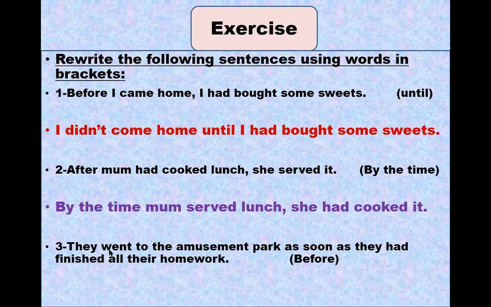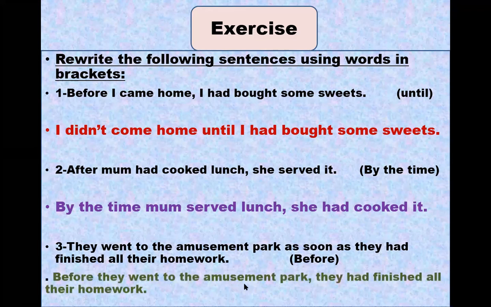Before they went to the amusement park, comma, they had finished all their homework, not negative form. They had finished all their homework. Perfect. Well done, my dear. Before they went to the amusement park, they had finished all their homework.